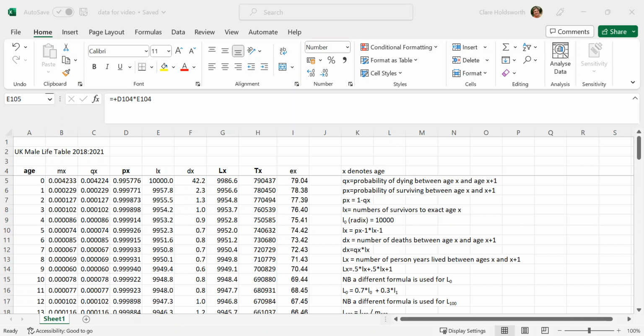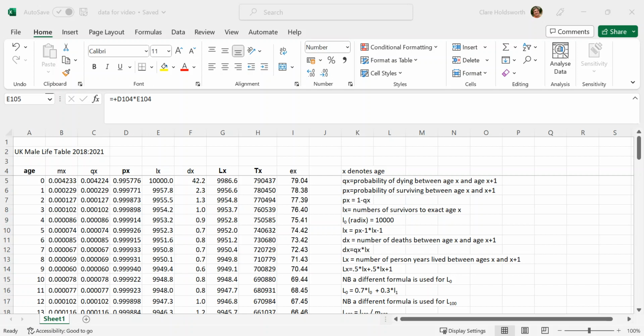We now move on to the final 3 columns of the life table, and these can get a little bit trickier to understand, so bear with me. I now need to look at the big LX column, and this is the number of person years lived between age X and X plus 1.